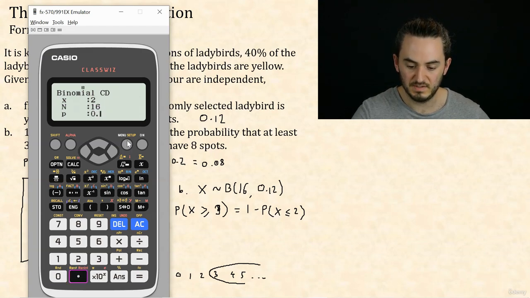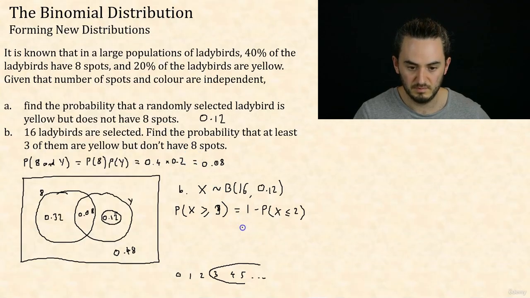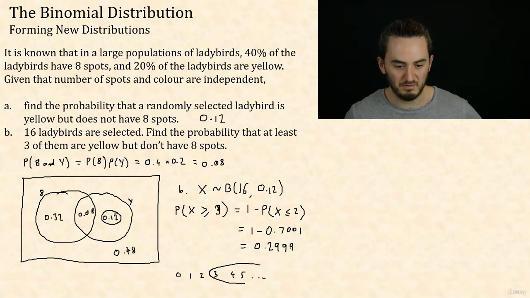P is 0.12. And we get 0.7001. 1 minus 0.7001 gives us 0.2999, which we could probably get away with rounding to 0.3.